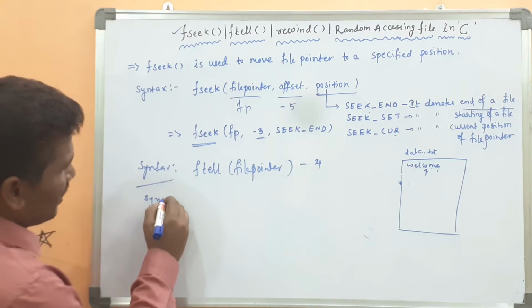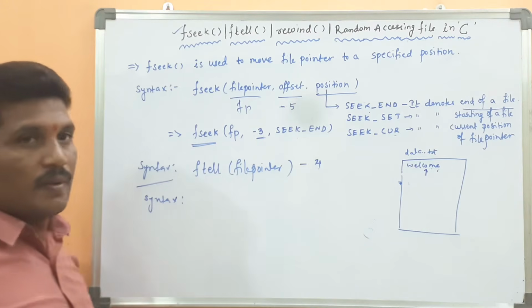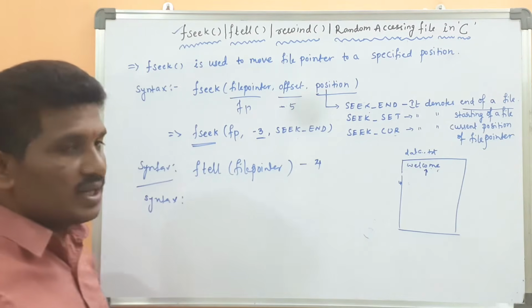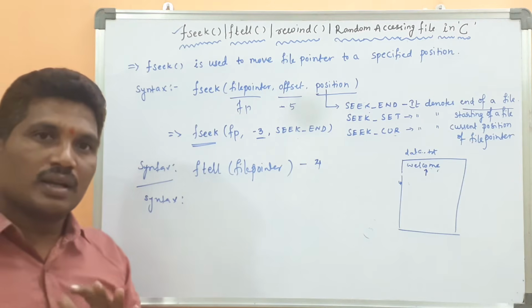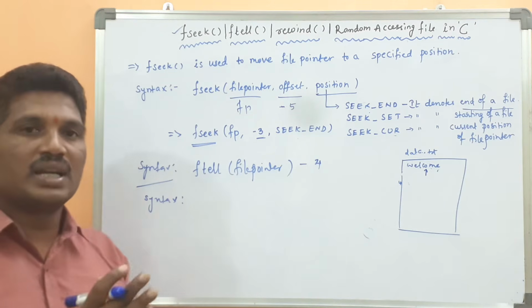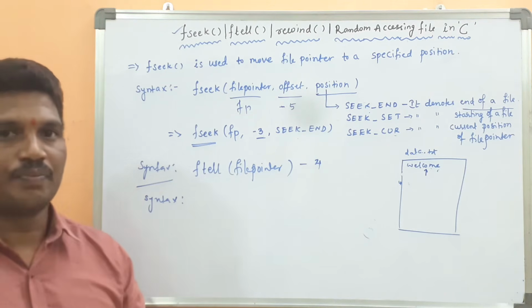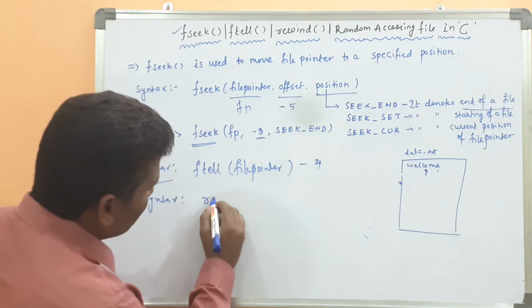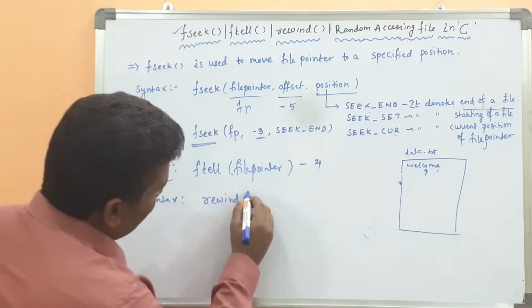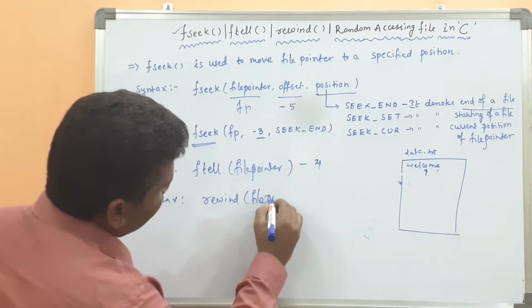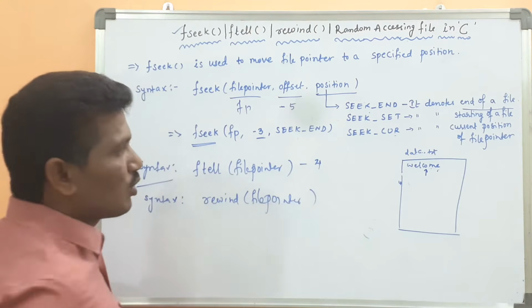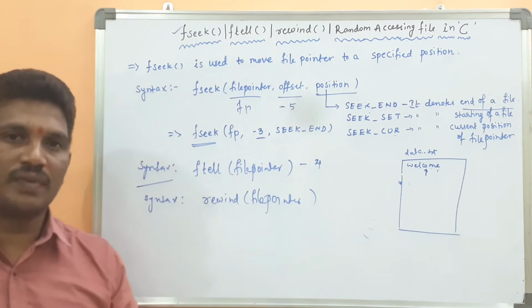The syntax of the rewind function is: wherever the cursor is in the file, the cursor will come to the beginning of the file. Because rewind takes the file pointer, it goes back to the starting position of the file.